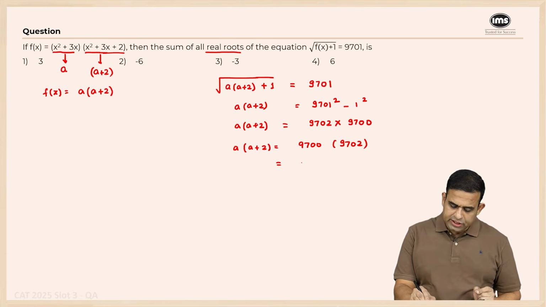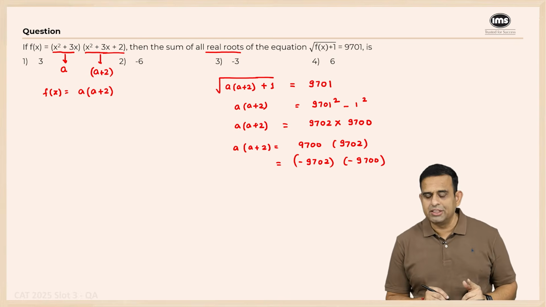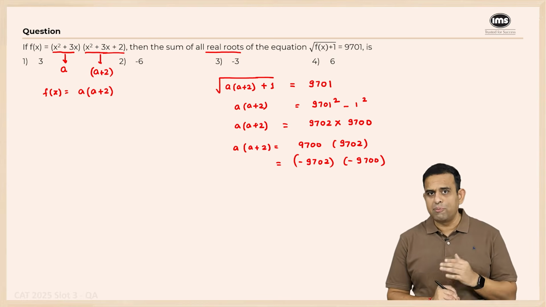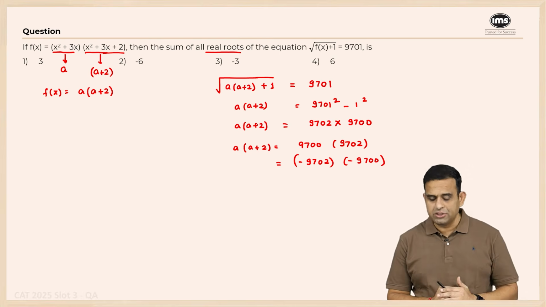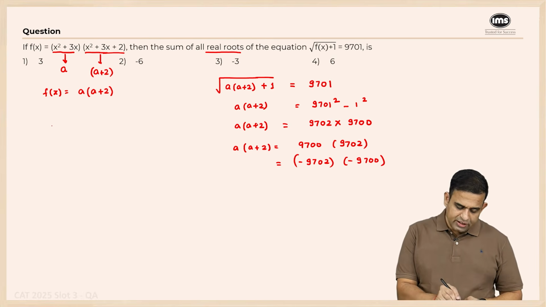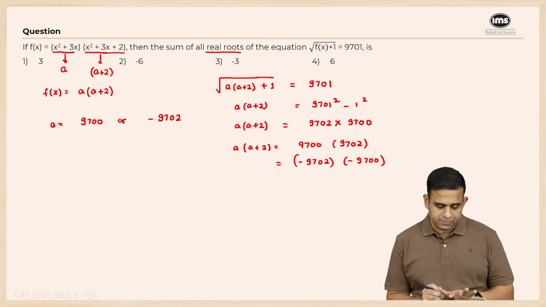And the other thing which you can say is minus 9702 times minus 9700. So a into b is the same as saying minus a into minus b as well. So here minus 9702 happens to be 2 less than minus 9700. So if I do a comparison, one can say the value of a would be either 9700 or minus 9702 over here.